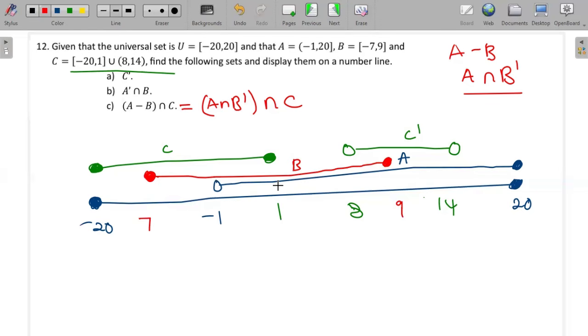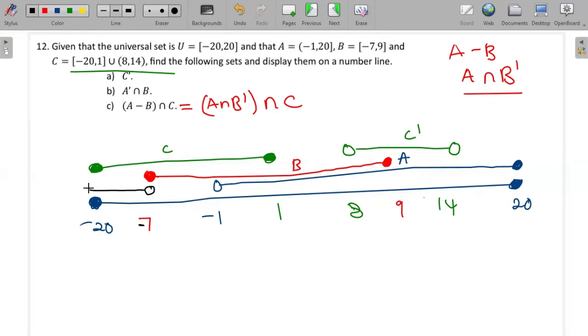So my B complement will have two parts, right? We have the part that starts from here going to the right, and the part that starts from here going to the right. Let's plot the B complement with a black marker. I'll plot it down here instead of on top. Since -7 is in B, it should not be in the B complement.